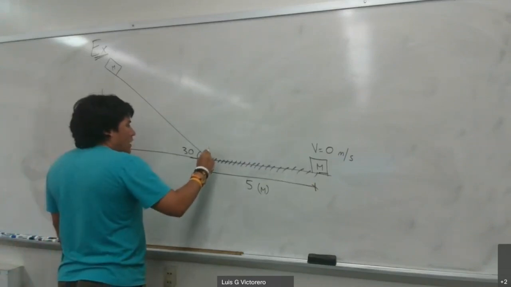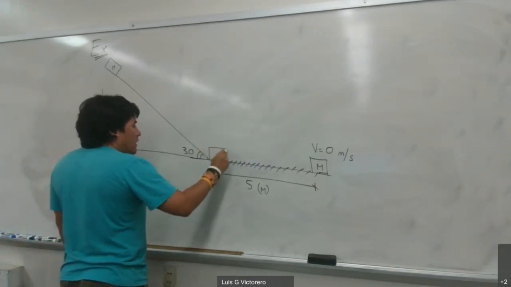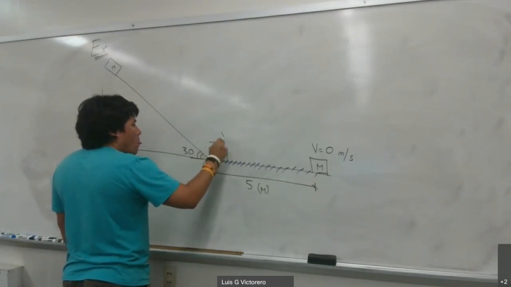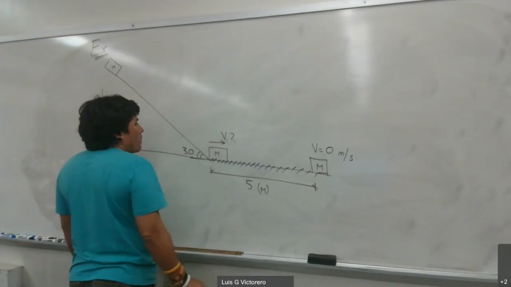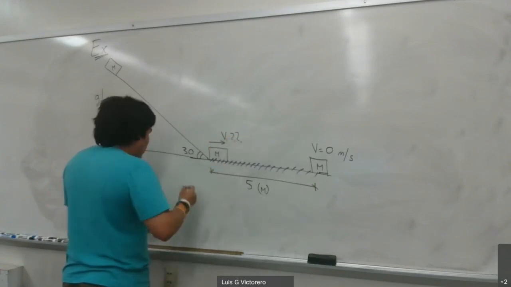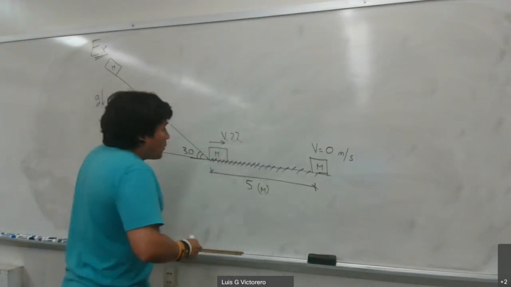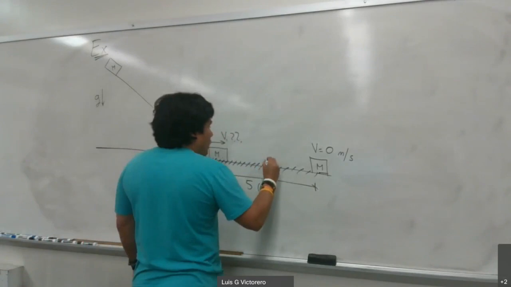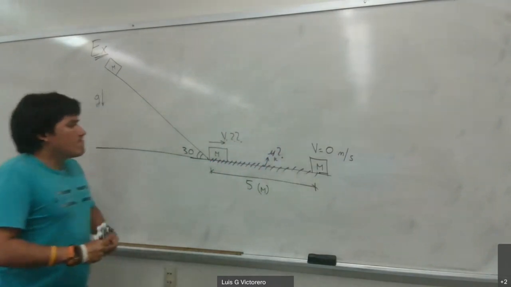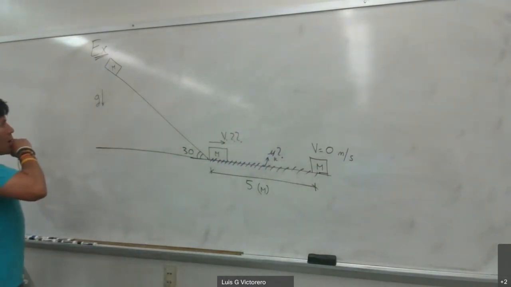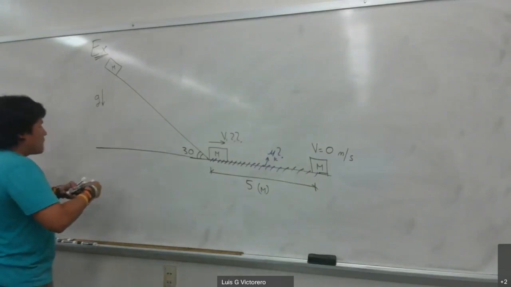First of all, I want you to find the speed here. And then I want you to find the coefficient of kinetic friction. What's mu k? For that to happen, the information that we don't have yet is the length of the ramp.